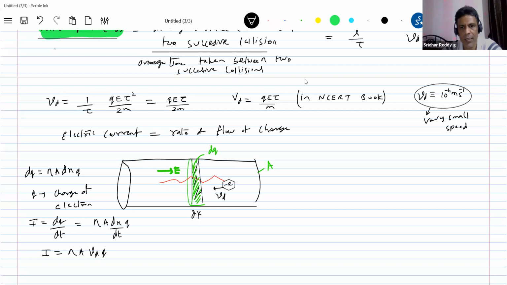So what is eta? Eta is the concentration of free electrons. Now I'll define one more quantity called current density.